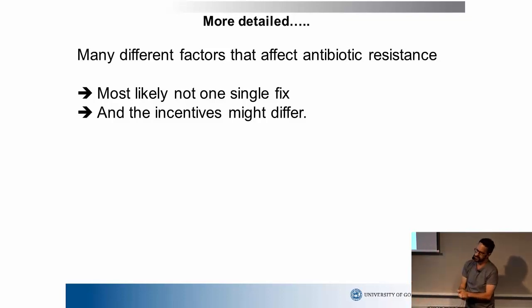That we don't have one single fix and we have a lot of different factors means that there are going to be a lot of different incentives in different settings that we need to get right. So that's what I mean by stating this 3 times, because there are many different areas where we need to get the incentives right in order to solve this problem. We need to get the incentives right in the environmental factors, for the doctor's factors, for the patient factors, etc. Okay.